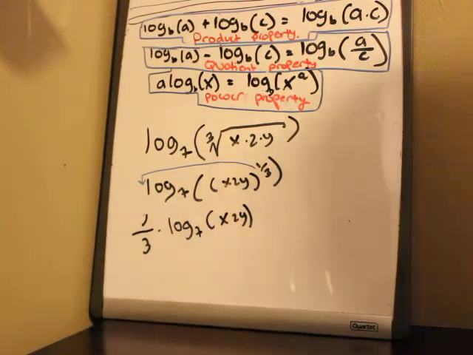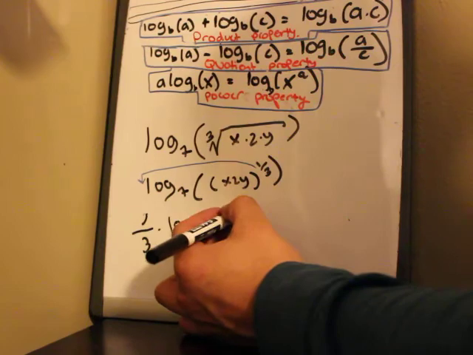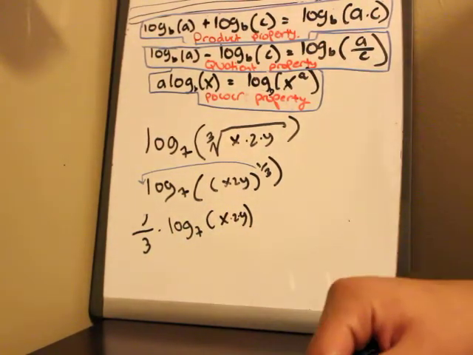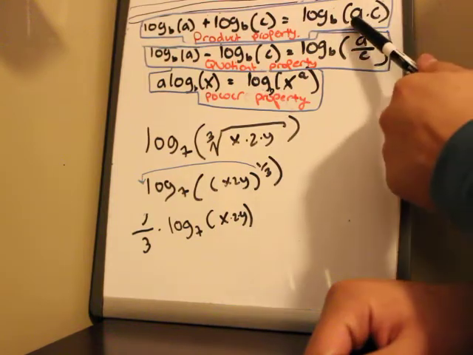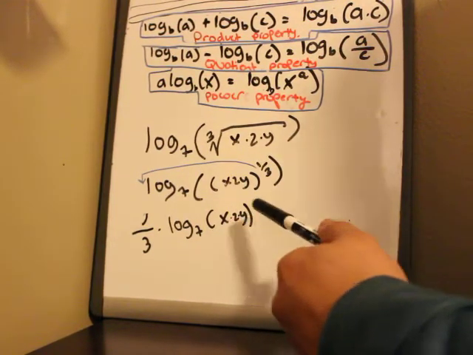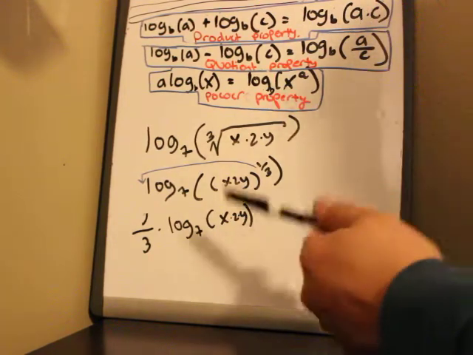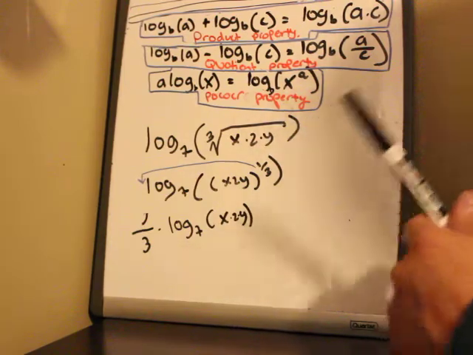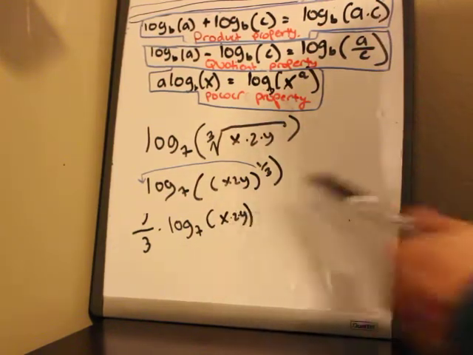Okay, now because we have multiplication in here, we need to know to use the product property. We have something that has a times c. The only thing is that there are 3 factors in here now, but that's okay because we can consider a as x, and we can consider c as 2y.